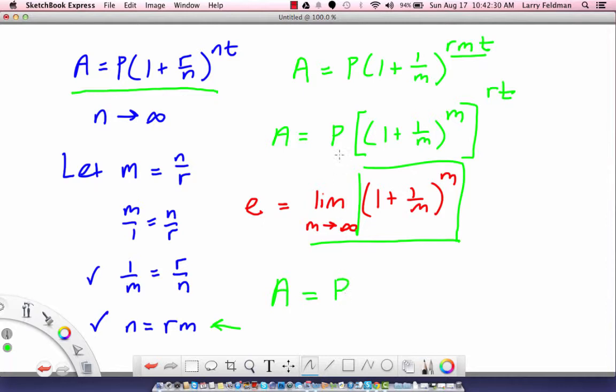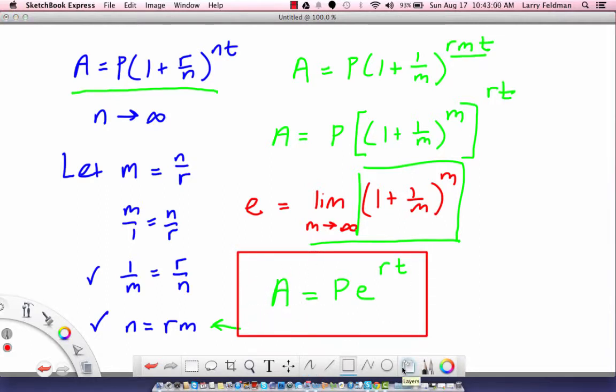I can write the e from up here in place of this entire binomial raised to m, and then I still have the rt as the exponent here. So this is the formula for continuous compounding.